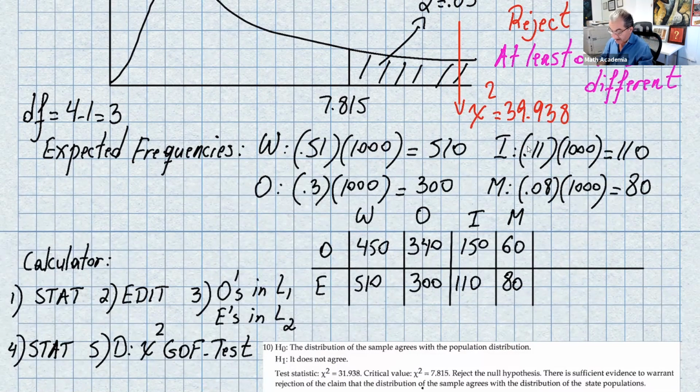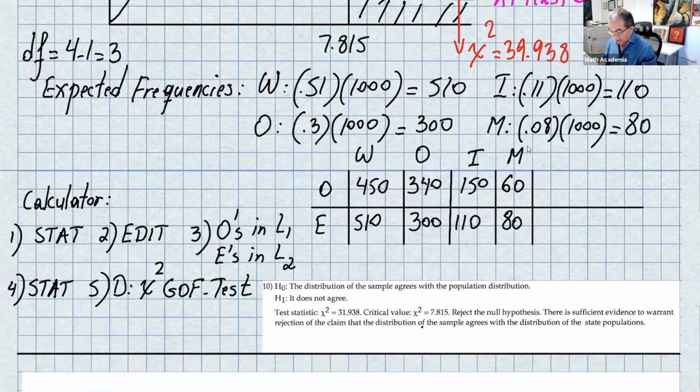The observed values for the researcher were 450, 340, 150, and 60, respectively: Washington, Oregon, Idaho, and Montana. The expected values, you calculate them from the given percentages, and they are 510, 300, 110, and 80.